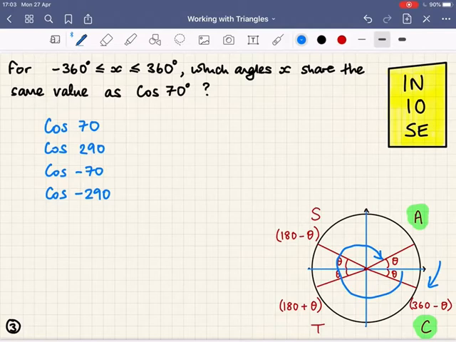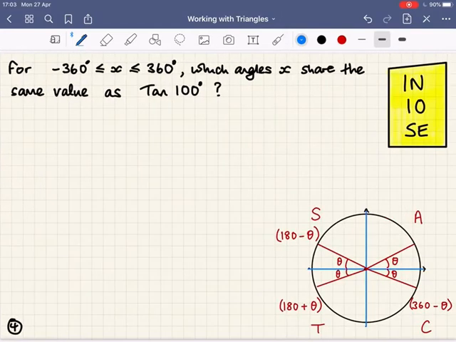So let's have a quick look at the tan ratio. This time, to make things a bit more tricky, I've said which share the same value as tan 100. So in this case, I'm looking at the circle and seeing that tan 100 isn't in the first quadrant. So it's in the second quadrant.